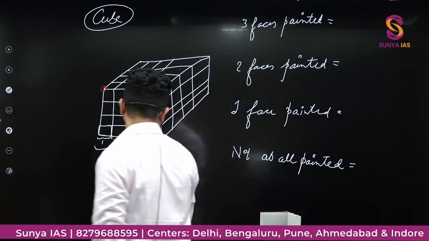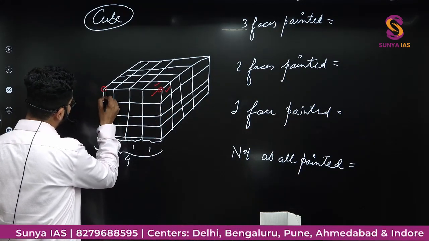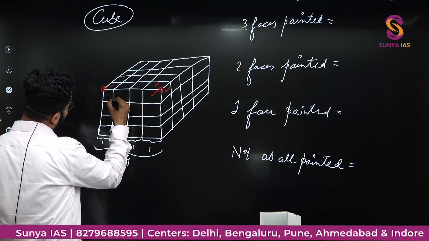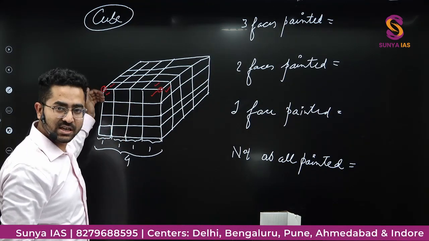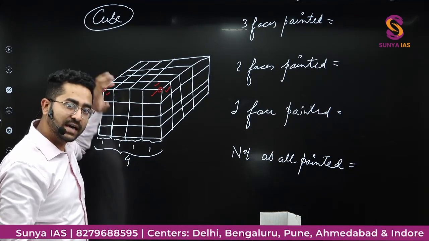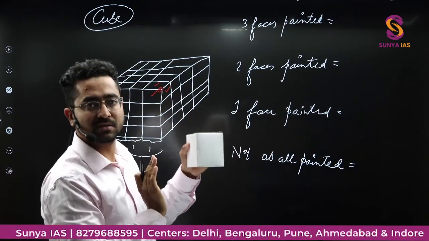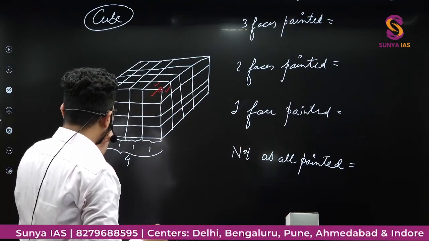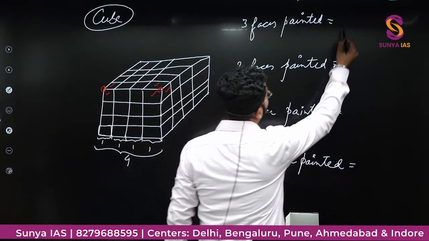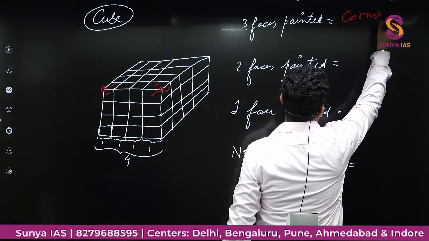If we imagine this corner cube, this face is painted, this face is painted, and there would be one face going behind this board, that would also be painted. So three faces will be painted where cubes are at corners.